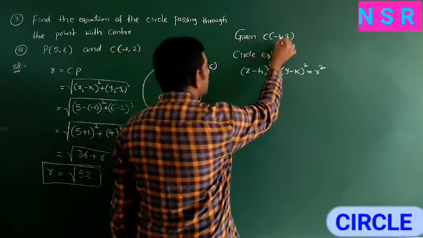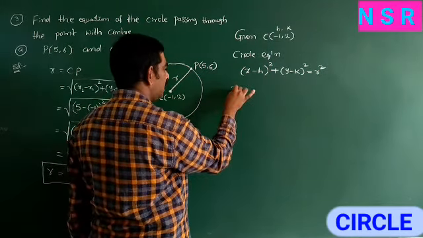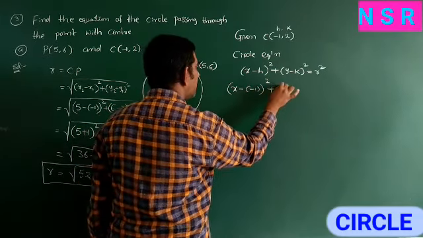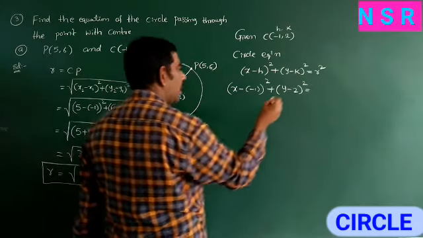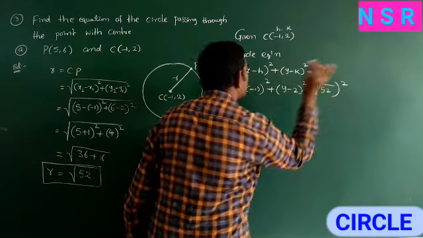Here (minus 1, 2) is (h, k). Now substitute the values: (x minus of minus 1) whole square plus (y minus 2) whole square is equal to r square, square root of 52 whole square.